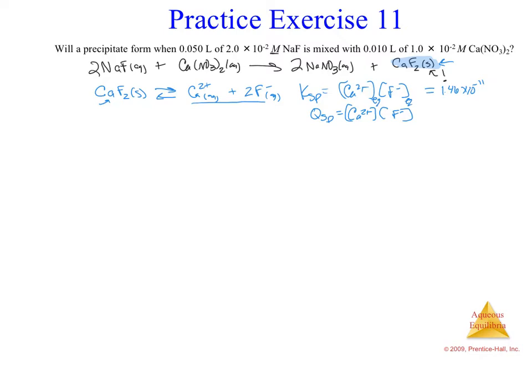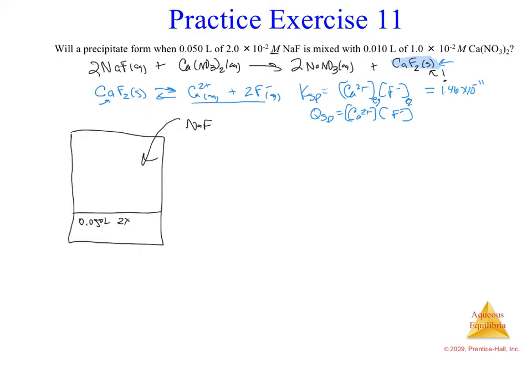So what's happening? I have one beaker, and in that beaker, I'm adding my sodium fluoride. So for the sodium fluoride, I have 50 mL, or 0.050 liters, of 2 times 10 to the negative second molar NaF.